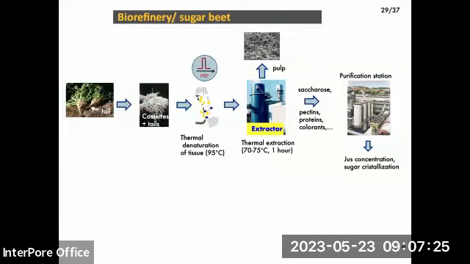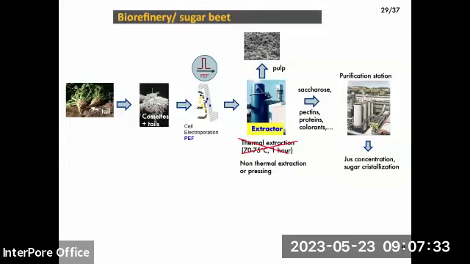So if you use pulsed electric field treatment instead of thermal treatment, in this case we can damage the tissue more selectively. We can use non-thermal extraction or pressing, and in this case the quantity of non-sugars in the juice will be considerably lower, because these non-sugars will remain inside the structure, and of course the purification station will be considerably lighter.